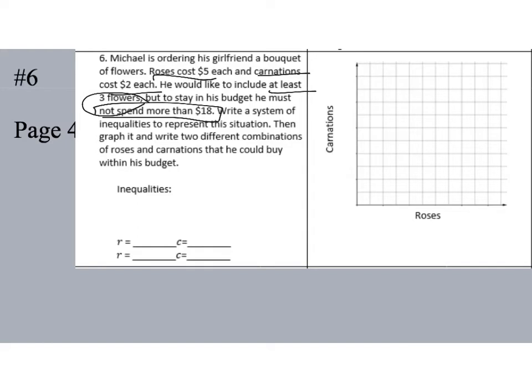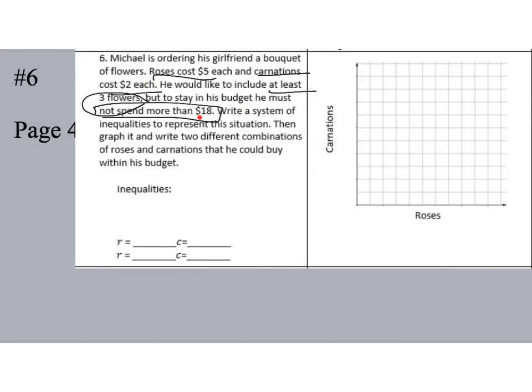Okay. So if I were doing this, I would start with the x and y intercepts and think of the extreme examples, like the example we went over in class with the bandages and the crutches. The easiest place to start here is the y-intercept.